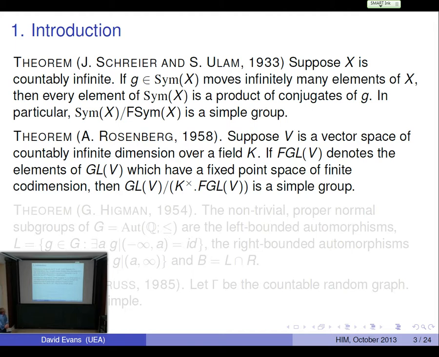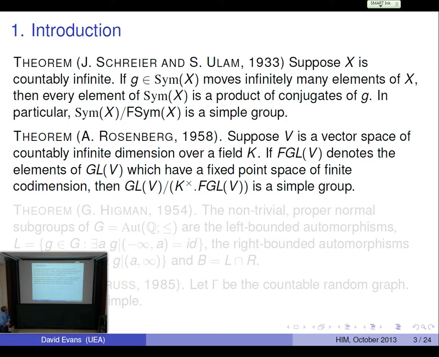There's a corresponding result for the general linear group, so the invertible transformations on a vector space V. Let's take V to be a vector space of countably infinite dimension over a field K. You can actually take a division ring here if you want. So FGL(V) will denote the elements of the general linear group, the invertible linear transformations, which have a fixed point space of finite codimension.